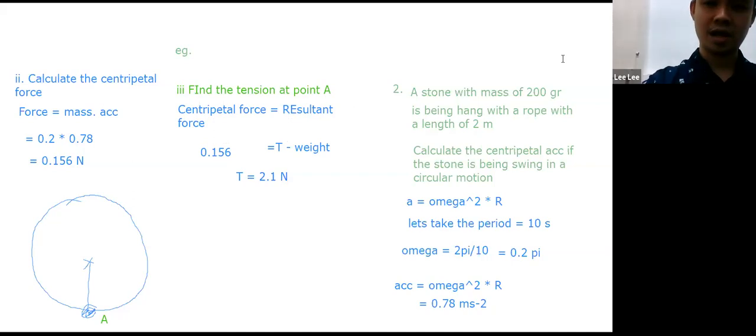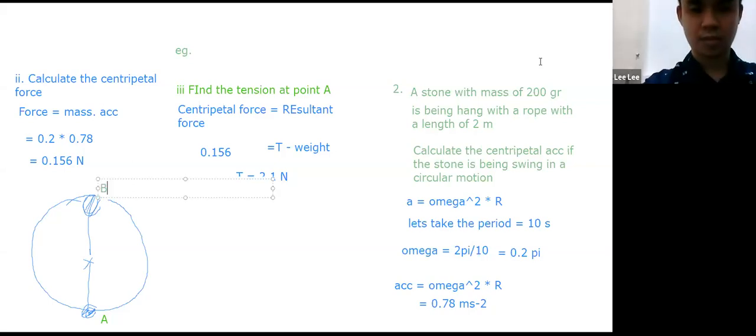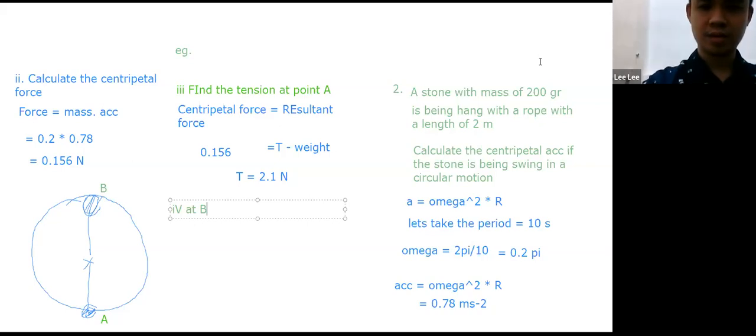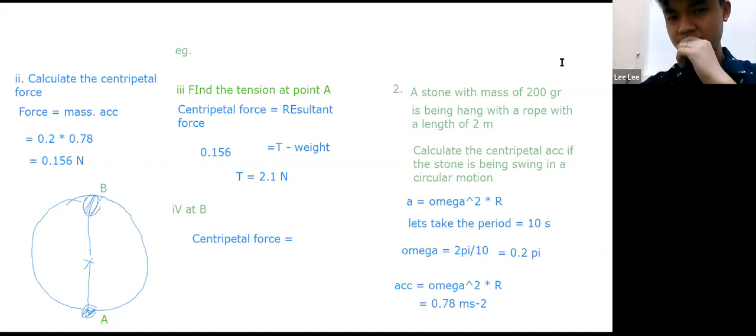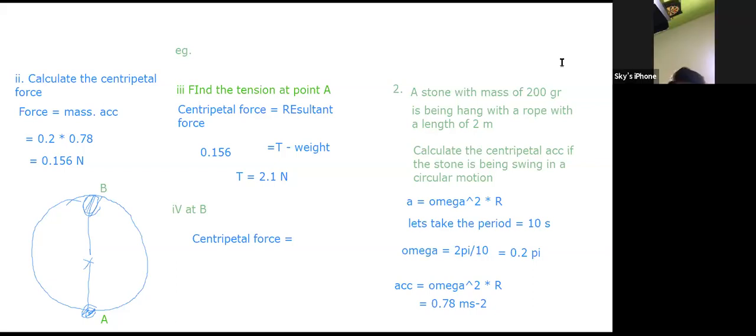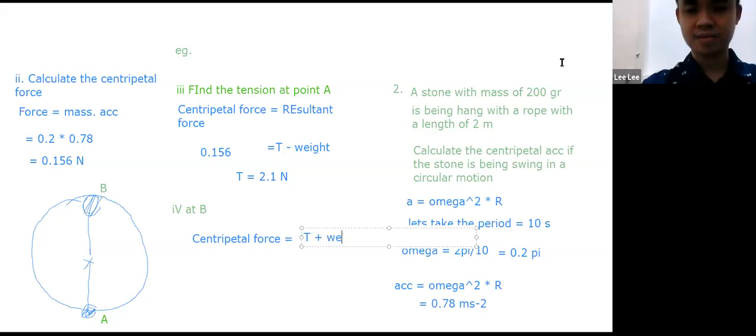So if I ask you to calculate the tension at point B, the centripetal force always stays the same. So the centripetal force now equals tension minus weight again? Wait, it will be tension plus weight.